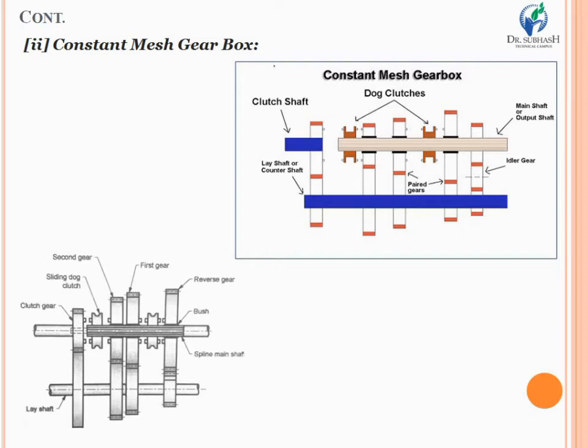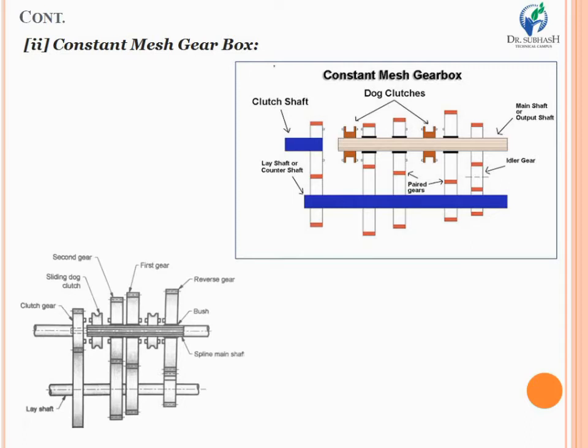If you have gone through the previous slide, you may have seen that out of 3 gears at a time only one gear is meshed with a particular gear mounted on the driven shaft. But in case of the constant mesh type of gearbox, you can see from the figure that all the gears are meshing with each other at every time.